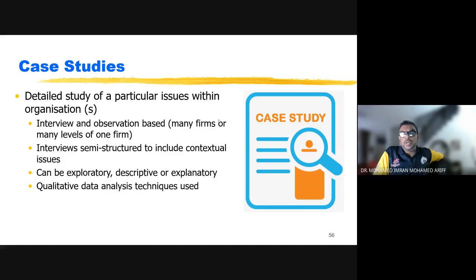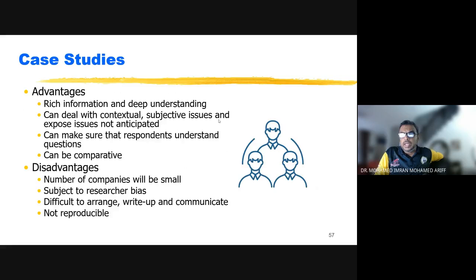Okay, macam mana orang-orang Perak berbelanja, macam mana orang-orang di Kedah berbelanja, macam mana orang-orang di KL berbelanja. So you do case study, you interview beberapa orang, okay, and then you find out what is the spending pattern. Okay, that is good. Those are case study.